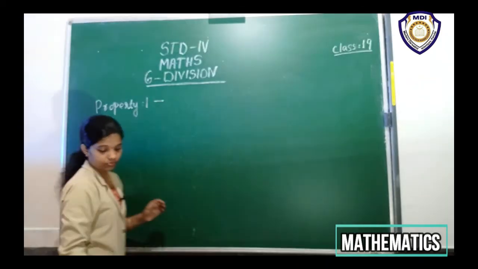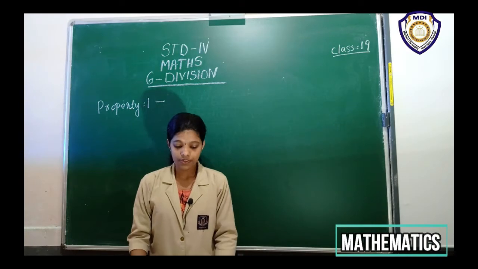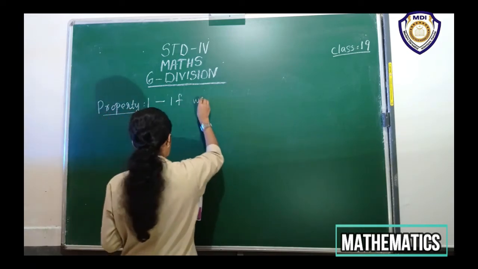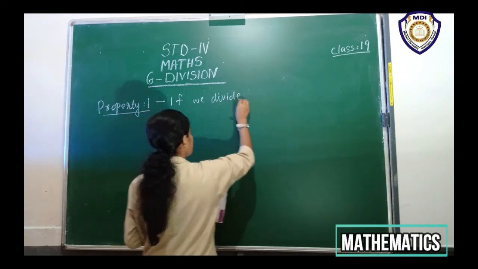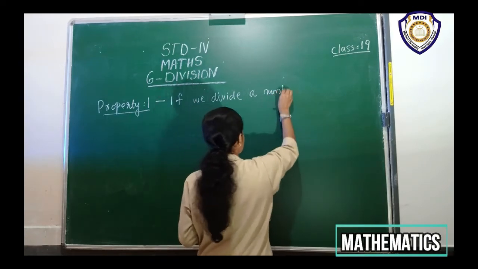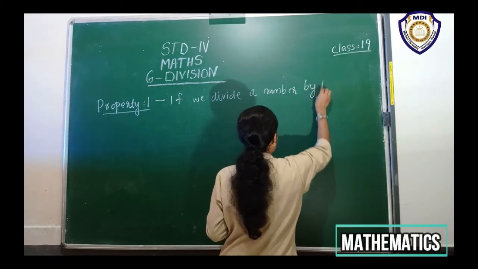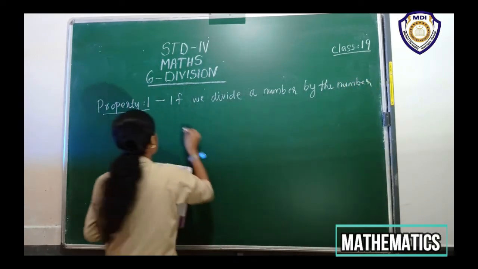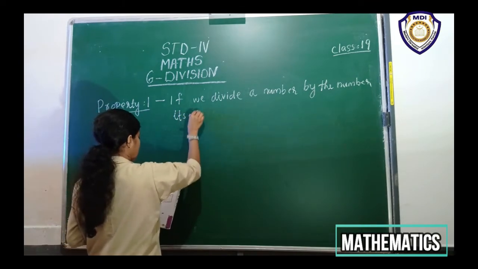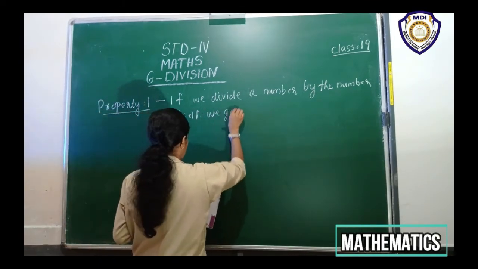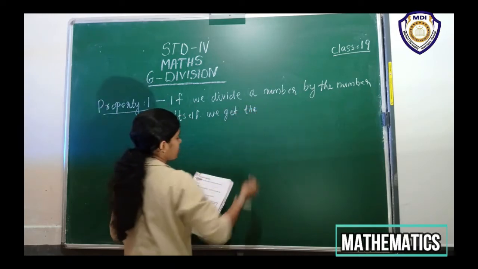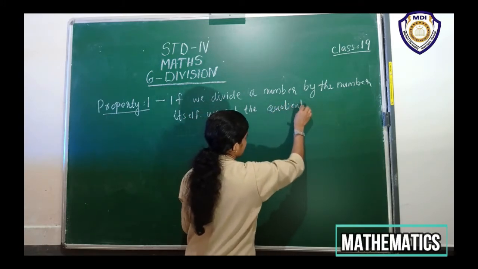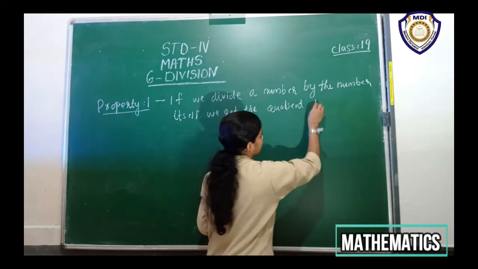If we divide a number by the number itself, we get the quotient 1.